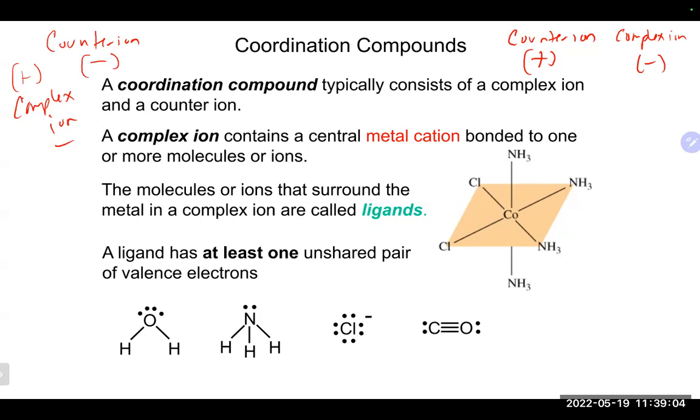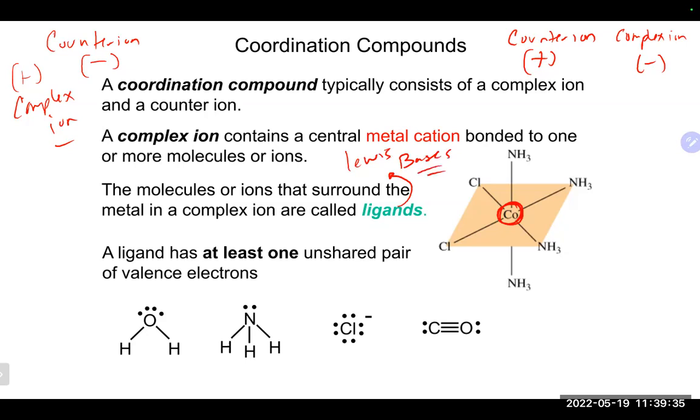As we talked about, a complex ion is an ion where in the center we have a metal ion. A lot of times it is a transition metal with a large positive charge. Here it's the cobalt, which is the metal in the middle, and it's bonded to one or more molecules or ions. These are ligands, which are, once again, Lewis bases.